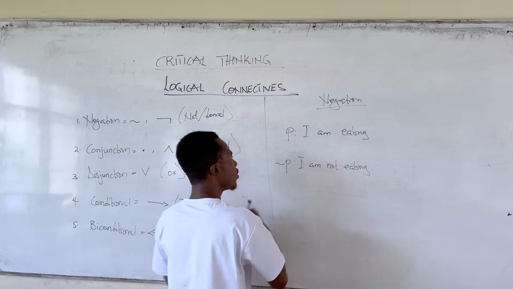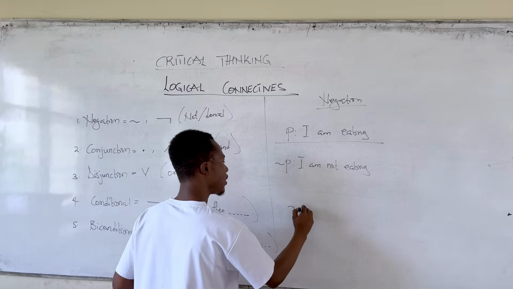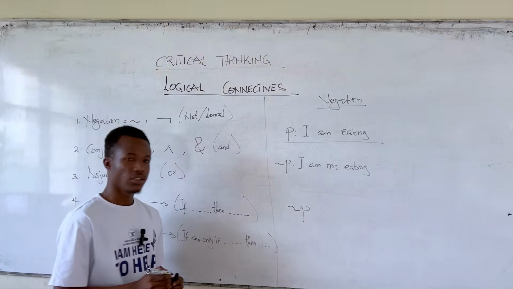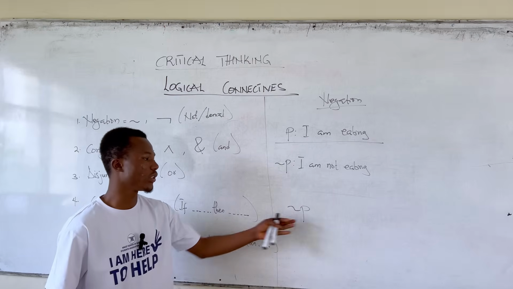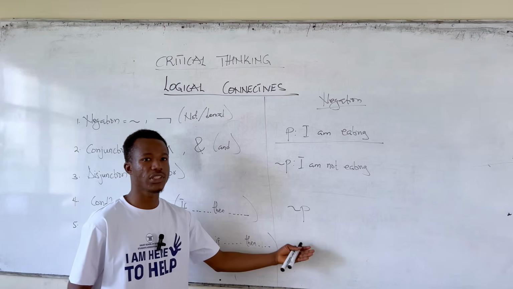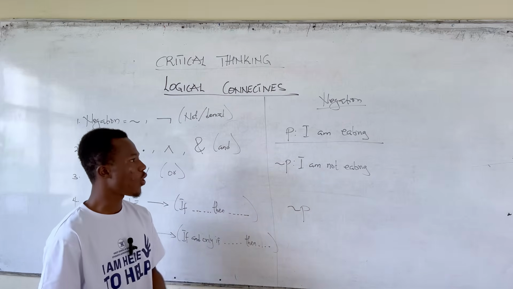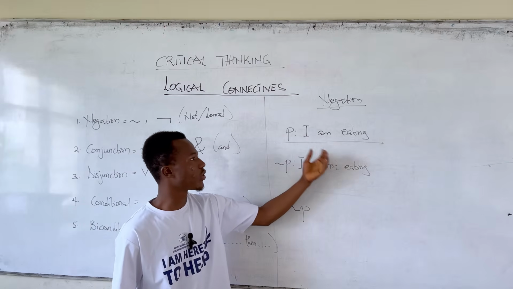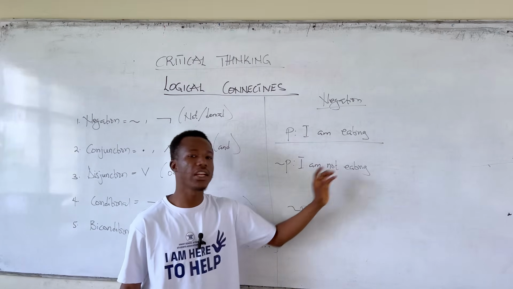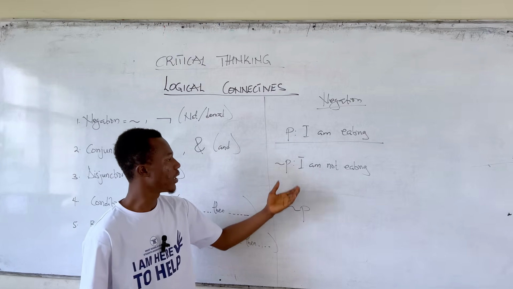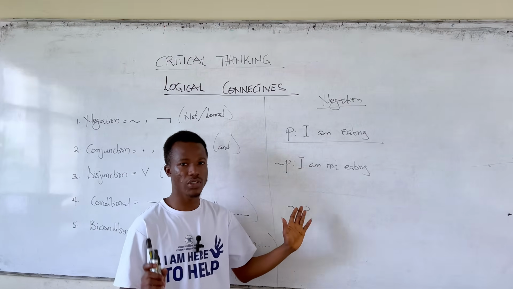Or when they give you this in exams, then the follow-up question, they've just given you this to write it or convert it in logical form. This is how you do it, right? So you say that what? P, and that one is I am not eating. I hope you get it. Or P signifies what? I am eating. So in exams, if they say I am not eating, then you must convert it to the letter. It becomes what? Tilde P. I believe you get it all.